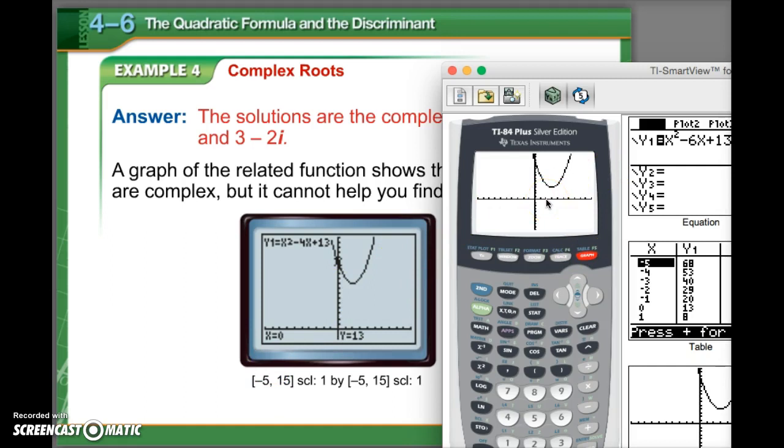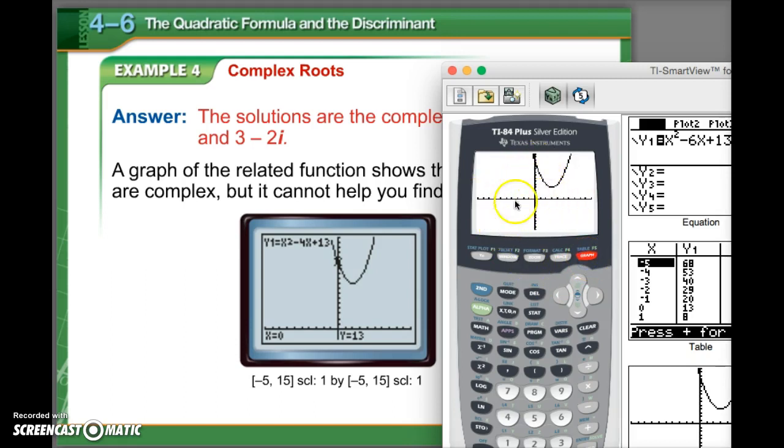So earlier in this chapter, if we were asked to solve this equation, x squared minus 6x plus 13, you would have come up with the fact that there's no solutions. But now that you know about complex numbers and imaginary numbers, you can find solutions to this equation. They're just not real solutions.